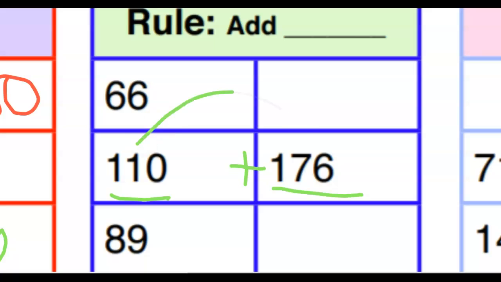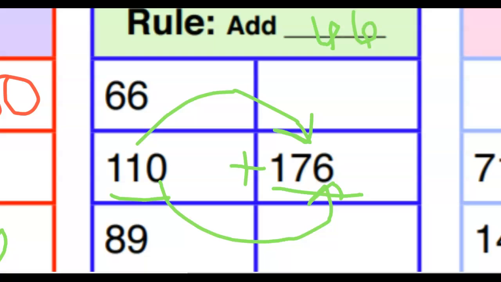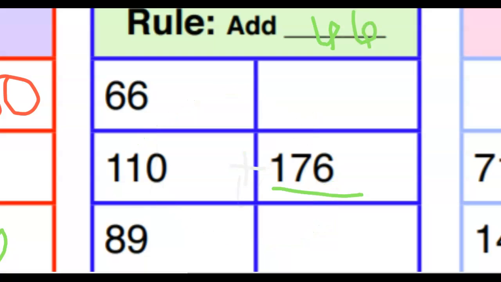How many jumps would I have to make from my tens place 1 to my tens place 7? 6. How many jumps would I have to make from 0 to 6? 6. So I need to add 6. If I go from out to in, then I'll be subtracting 6.